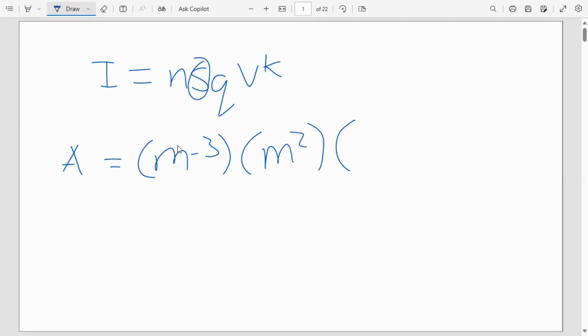We have Q, expressed in coulombs, so I'll put a C here. Then velocity is expressed in meters per second, and this velocity has a power of K outside.